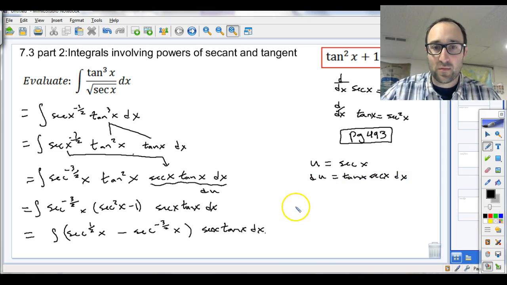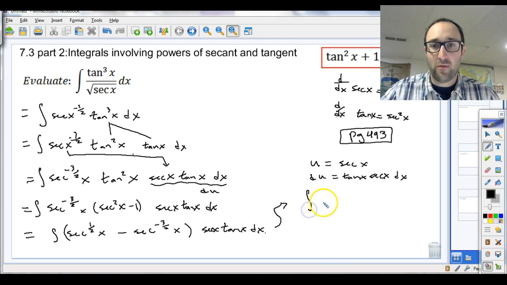Now I can write this whole thing as the integral of u to the 1/2 minus u to the negative 3/2 du.